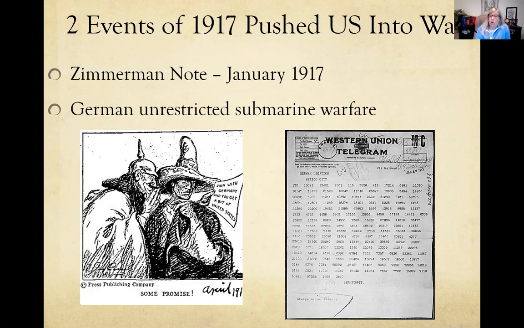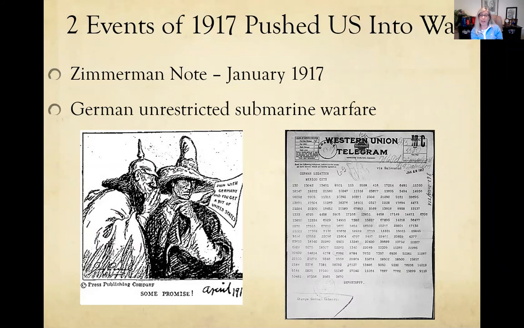And in return, once the war is over and Germany wins, they were promising to give back to Mexico the Mexican cession. So all of that territory that had been lost in the Mexican-American War, Germany is promising to return to Mexico in return for joining them in an alliance. Now, this was intercepted and published in the newspapers.